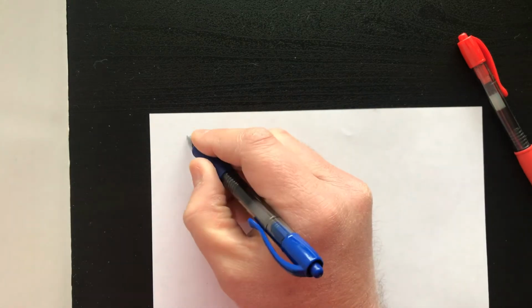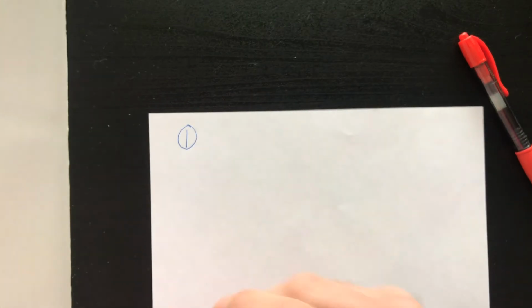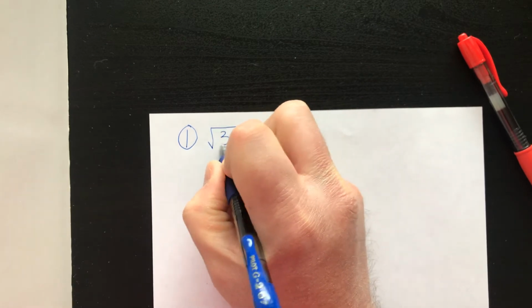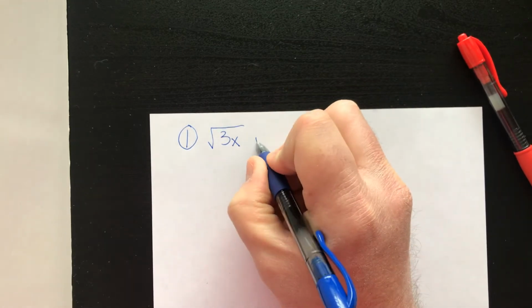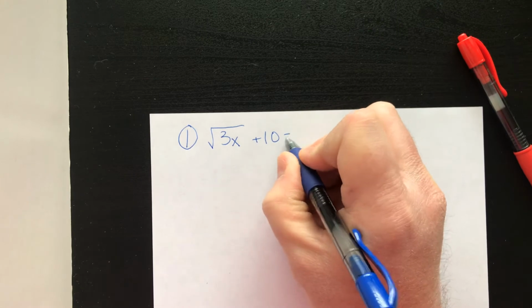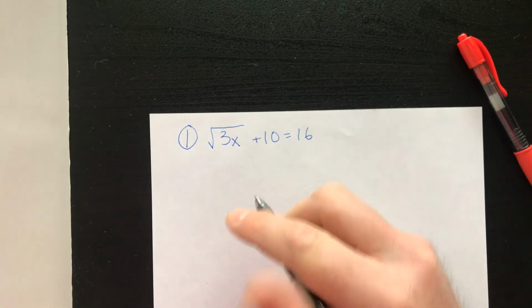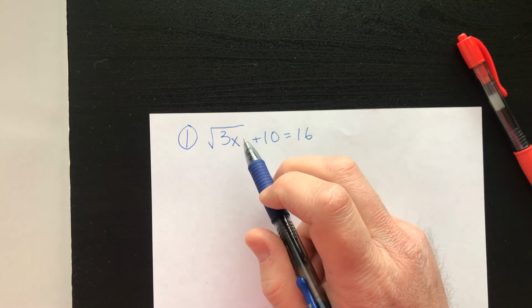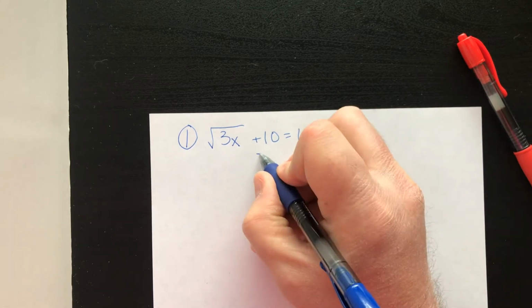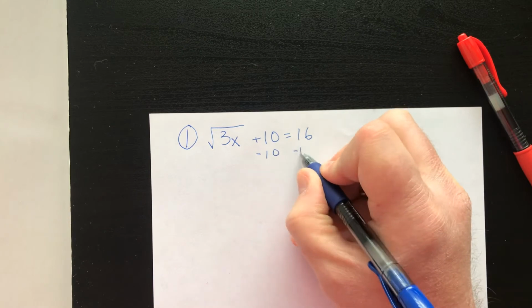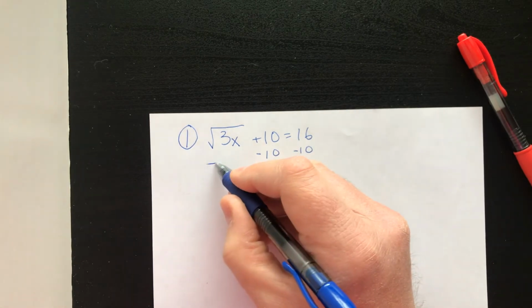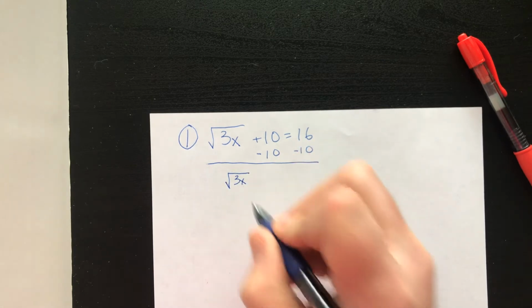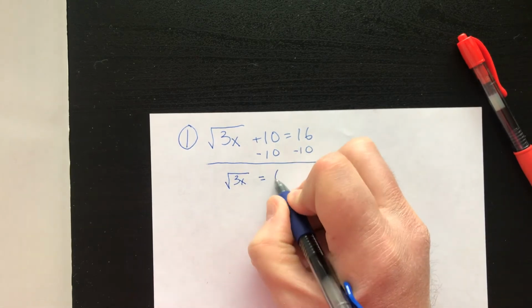All right, problem number 1 says the square root of 3x plus 10 is equal to 16. Notice how this plus 10 here is not underneath the radical. Your first step, we need to subtract this on both sides so that we get the square root of 3x is equal to 6.